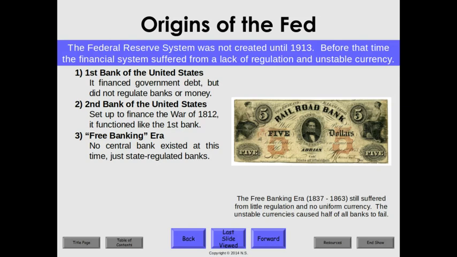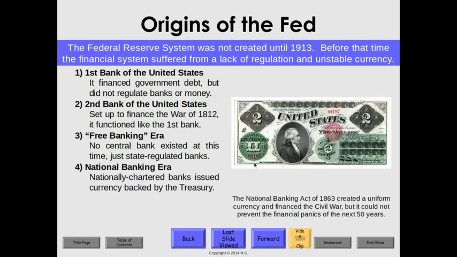Right now we have American dollar bills, and most people pay with some form of plastic these days or with their cell phone, but that is the sole currency of the United States. Not the case during the free banking era. Jones Bank in Arkansas might be issuing different dollar bills altogether than Rebecca Bank in Alabama. So again, this lack of stability was very bad for the economy.